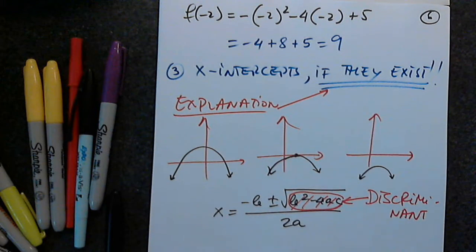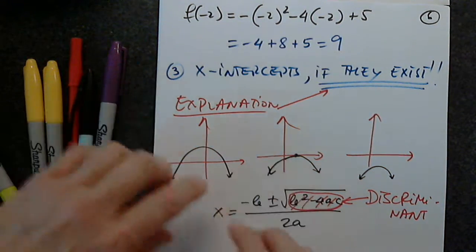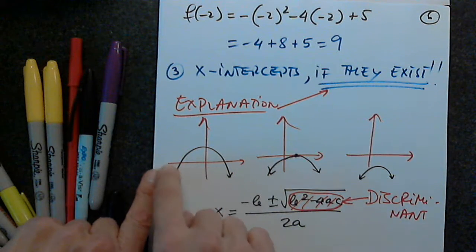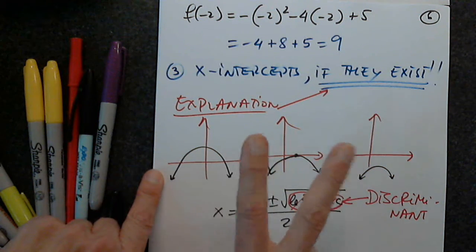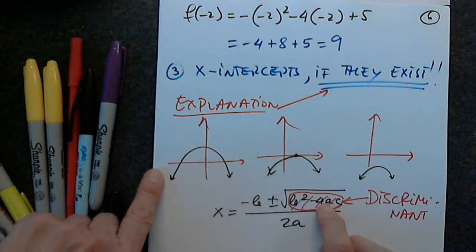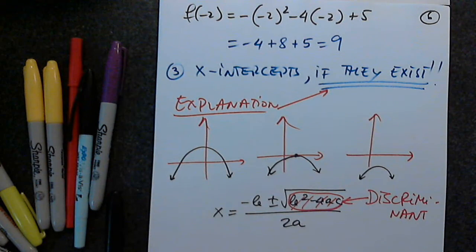Sorry, I ran out of room. Discriminant. Can you tell me what type of number will the discriminant be if the quadratic equation crosses the x-axis twice? In other words, it has 2 x-intercepts. What type of number should this be? Numbers can be positive, 0, or negative.